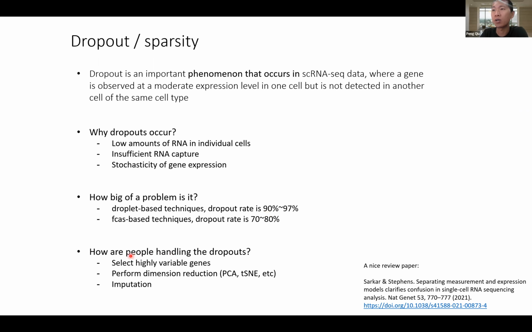In terms of how people are handling dropouts, or the sparsity in the data, we've seen in the clustering pipeline that we can select highly variable genes that are, in my opinion, less affected by dropouts, and we can perform dimension reduction, for example PCA, t-SNE, UMAP.